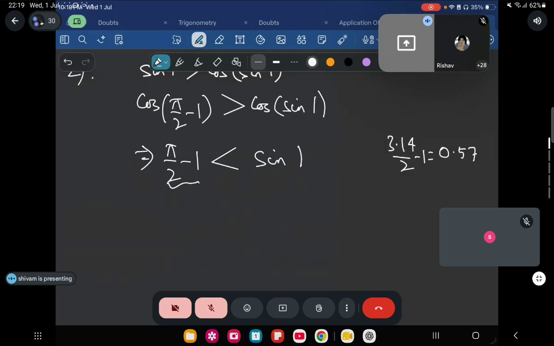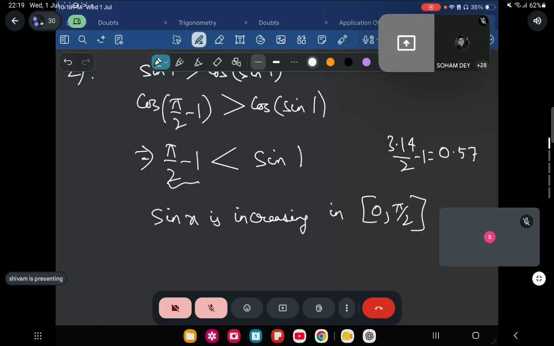And we know that sin x is an increasing function in 0 comma pi by 2. Yes or no? Sin x is an increasing function in 0 to pi by 2.